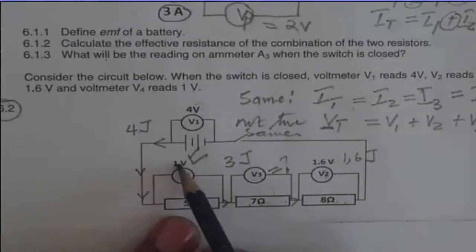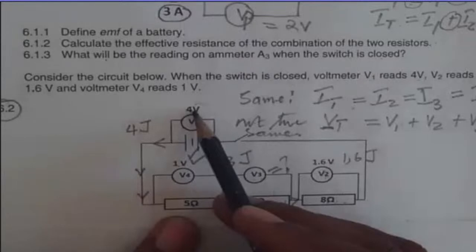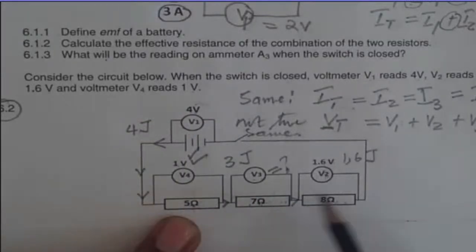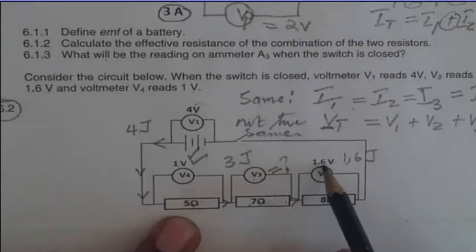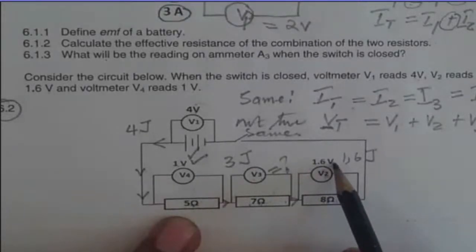Simply means if I'm having, for example, 4 volt, that's 4 volt, this 4 volt, the amount to divide it among the resistors. Simply means if I'm having, for example, 4 volt, that's 4 volt, this 4 volt, the amount to divide it among the resistors.